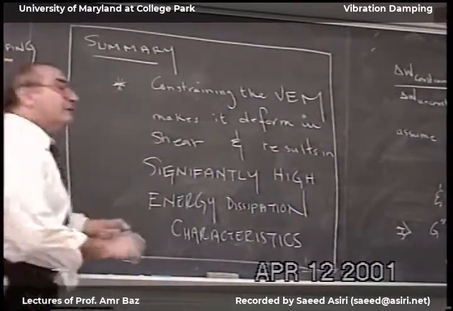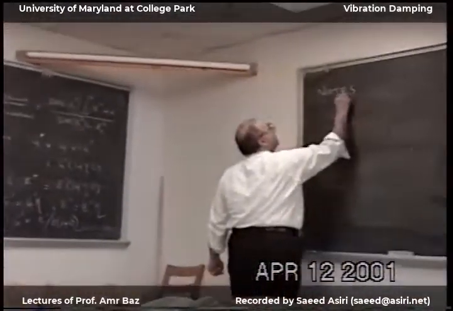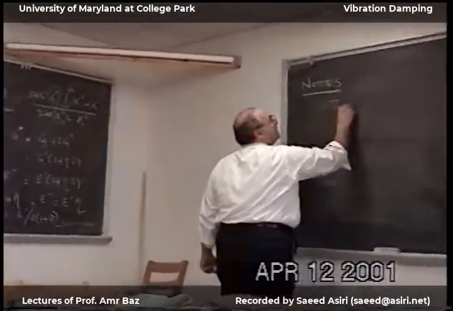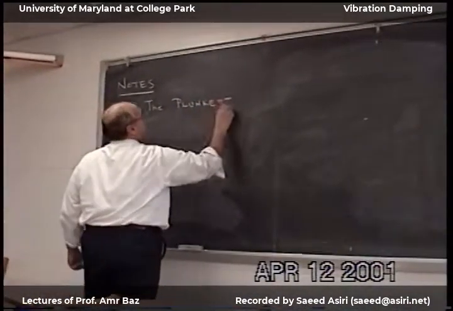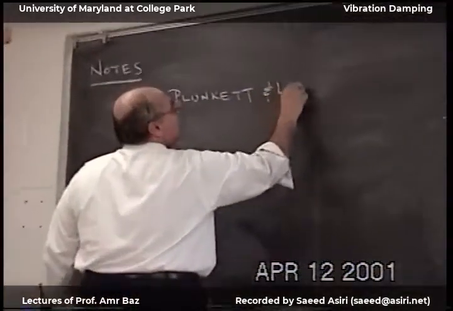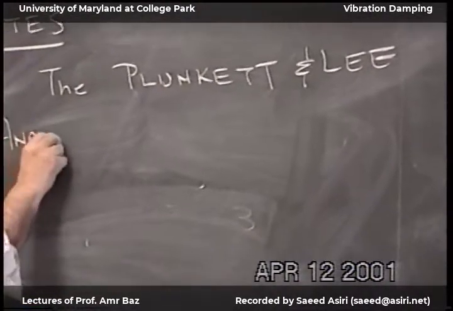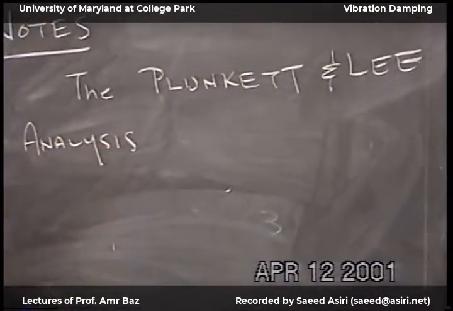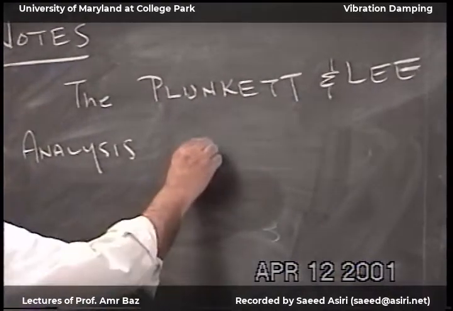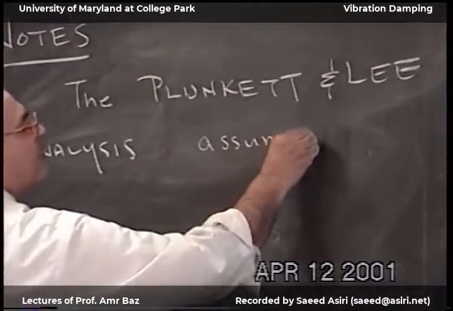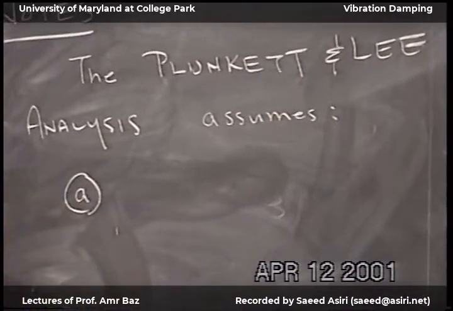I want to make a couple of notes first. The blanket and the analysis assume two things. Number A, quasi-static analysis.